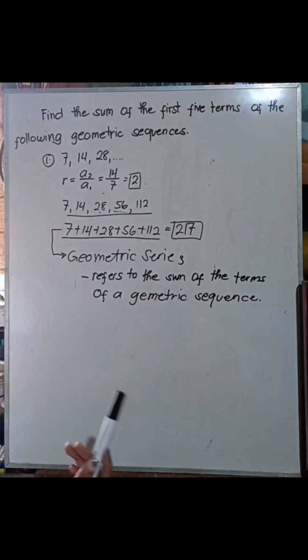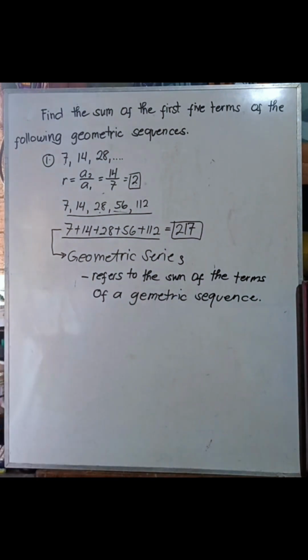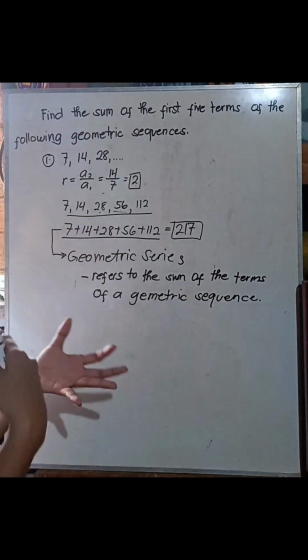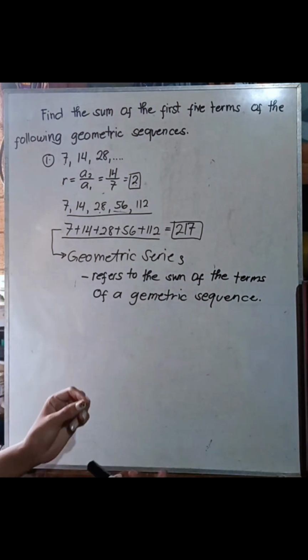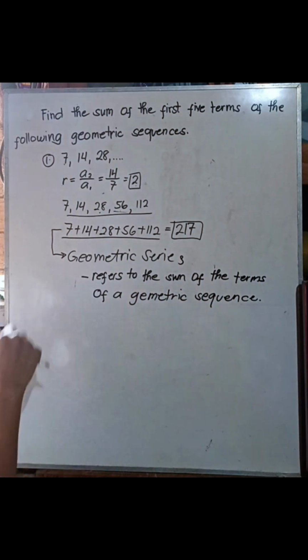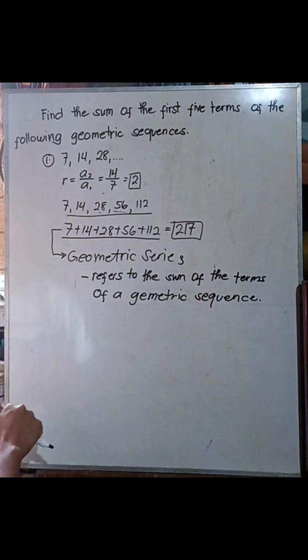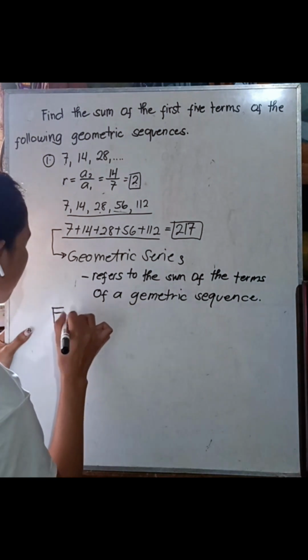So, inig magkuha tag 20 terms, 30 terms, and so on, yung mga big terms na atong pangitaon, mag-need na ta og formula for us nga easier na ma-solve o makuha ang mga terms. So, this one is the formula in finding the sum of the first n terms of a finite geometric series.